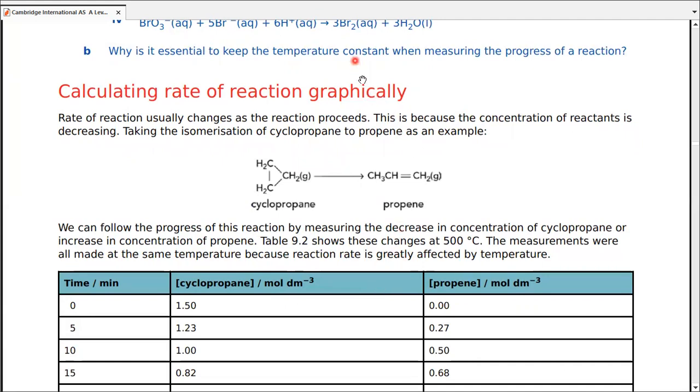Now, before I move any further, isomerization is a term in organic chemistry in which we convert a substance into its isomer. You're already familiar that isomers have the same molecular formula. So I hope you understand that this is C3H6 and this is also C3H6.